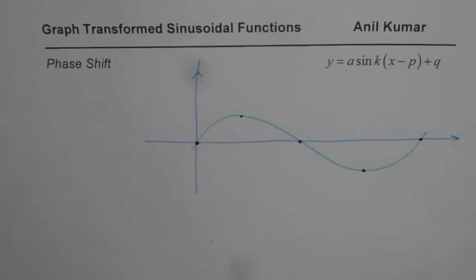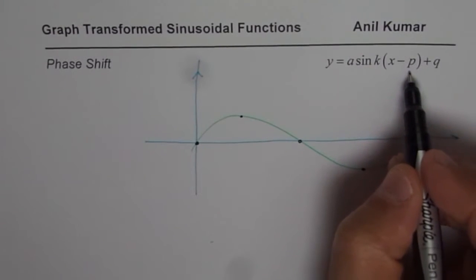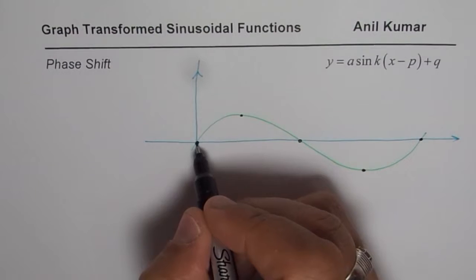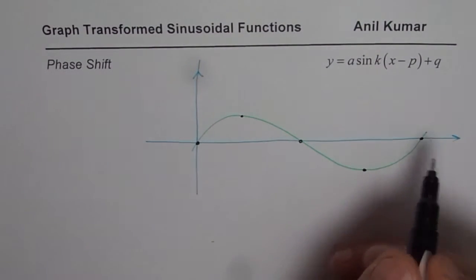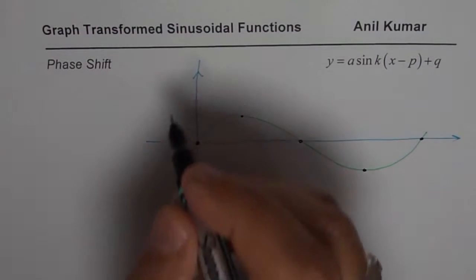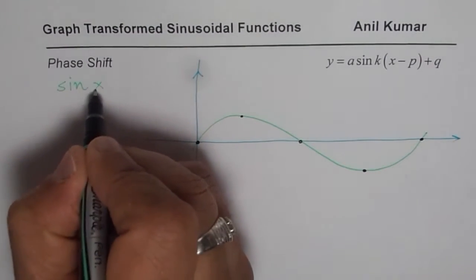So that is the sine function. This sine function has a phase shift of 0, since it starts from the origin and it rises upwards. So here the phase shift is 0. For the time being, I'll write this function as sine x. So the first function which I've drawn here is sine of x.